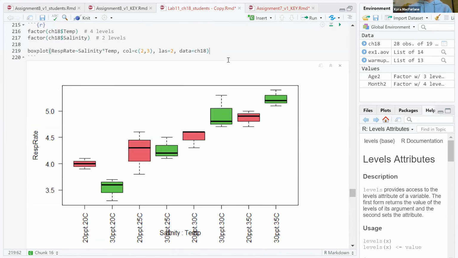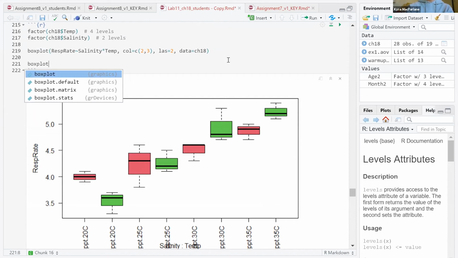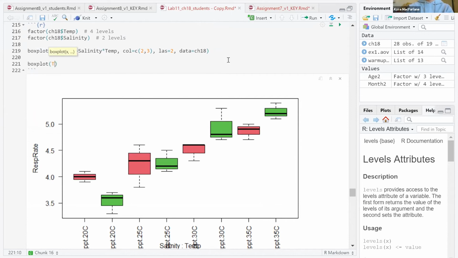I'm just going to show you really quick what it would look like if you did it the other way. That isn't technically wrong. It just might be harder to understand. So you'd need 4 colors.